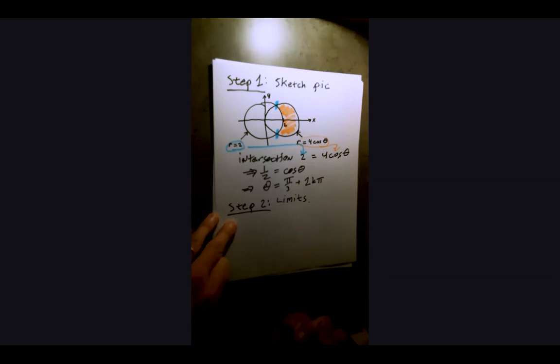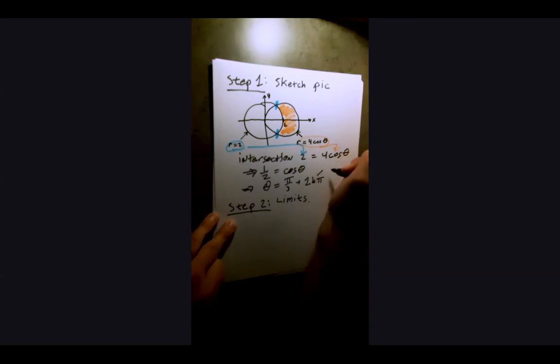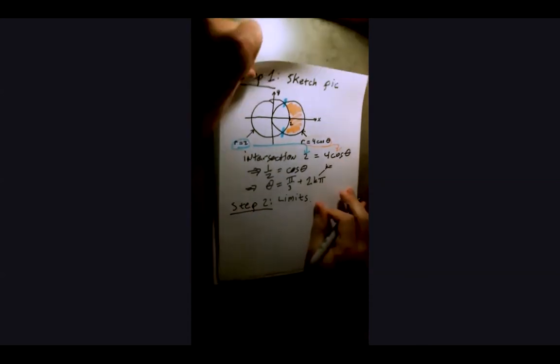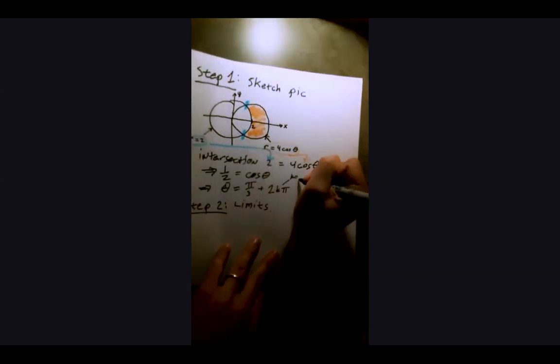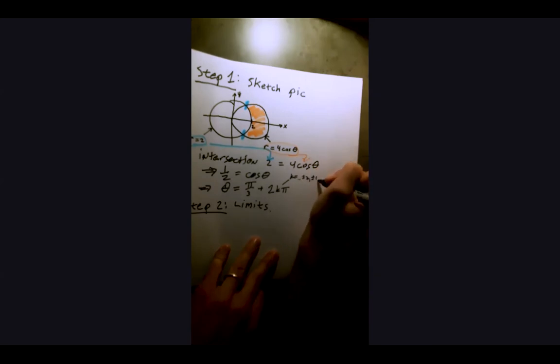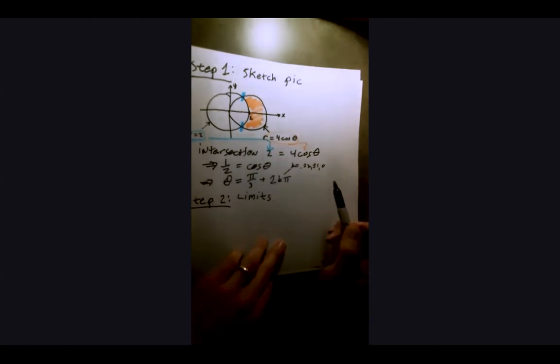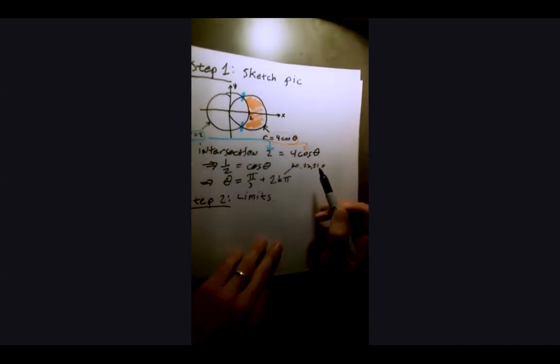Make sense? Any questions so far? What's this k? The k would be an integer. So k would be equal to dot, dot, dot, plus minus 2, plus minus 1, 0. So it could be any positive or negative integer, including 0.